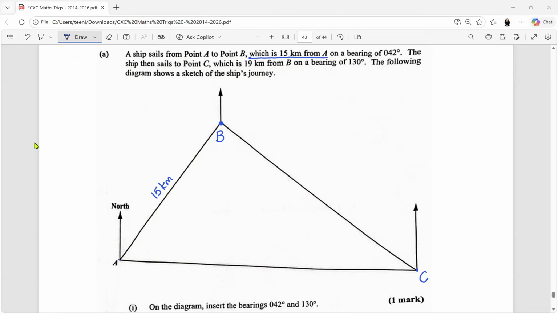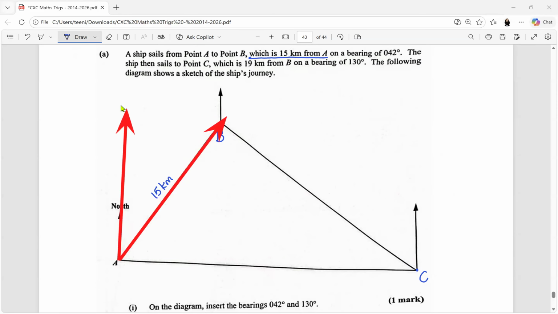You start at the north line, and then you open to B on an angle of 42 degrees.